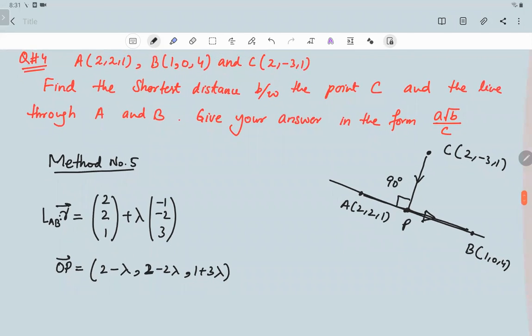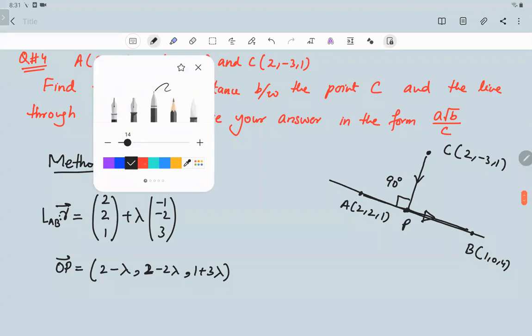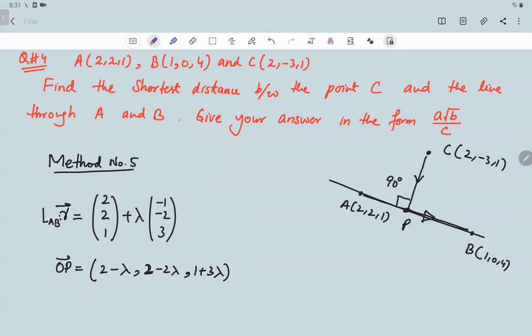So our first job is to find the expression for CP. CP is equal to OP minus OC.